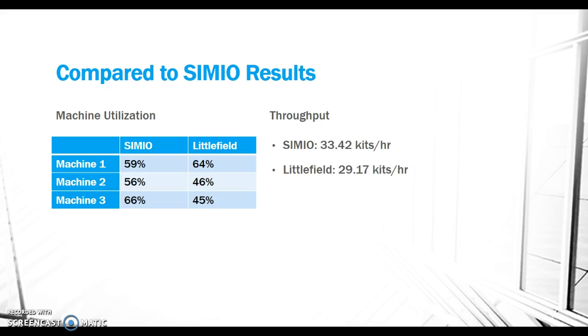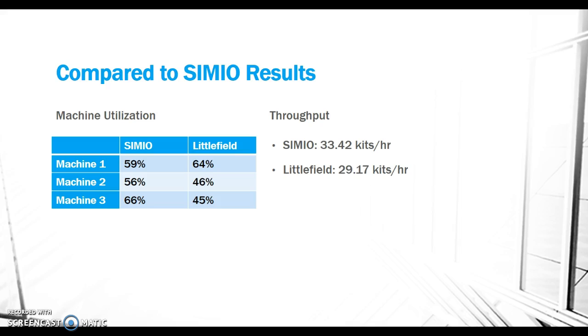So lastly, we want to look back at our SIMIO model that we did in part 1 of this project. First we look at machine utilization. In SIMIO, we had 59% for machine 1, 56% for machine 2, and 66% for machine 3, whereas in Littlefield we had 64% for machine 1, 46% for machine 2, and 45% for machine 3. Looking at these numbers, you can say it's a fairly accurate model.